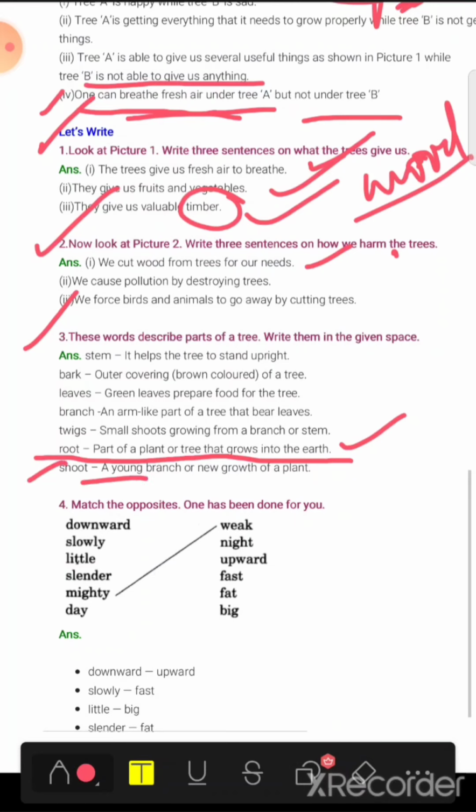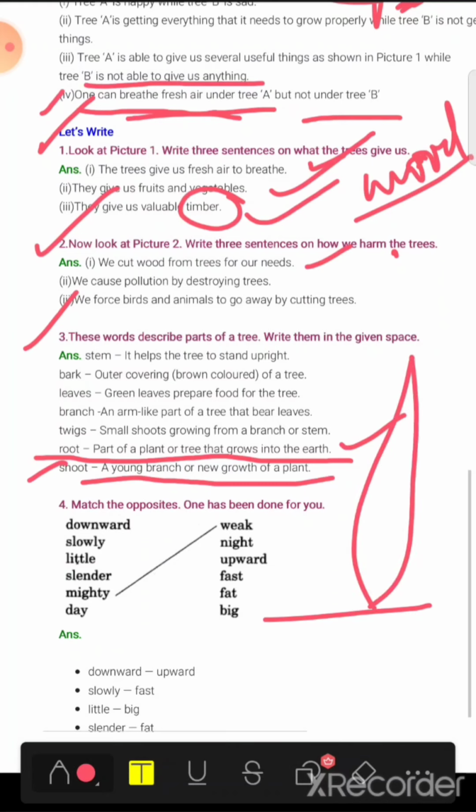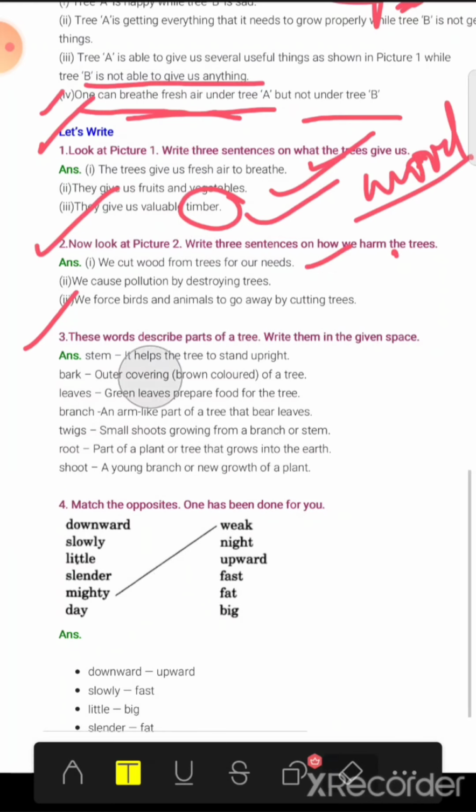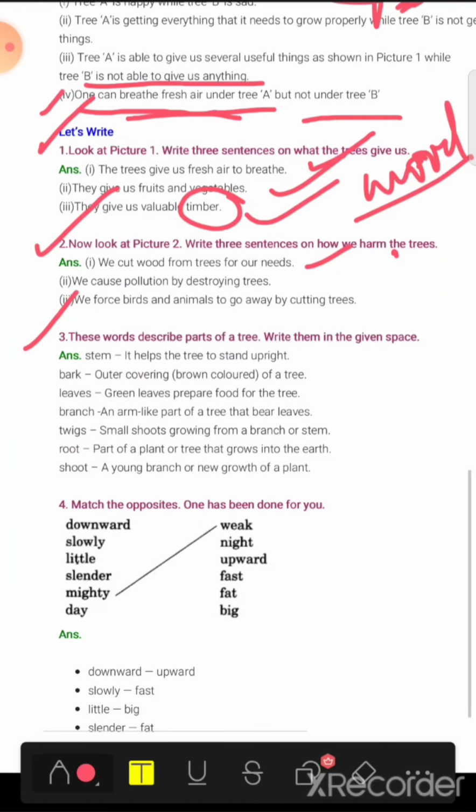Shoot: a young branch or new growth of a plant. Or we can say the upper part of a plant is shoot and the lower part of the plant is roots. I hope all these are clear to you.